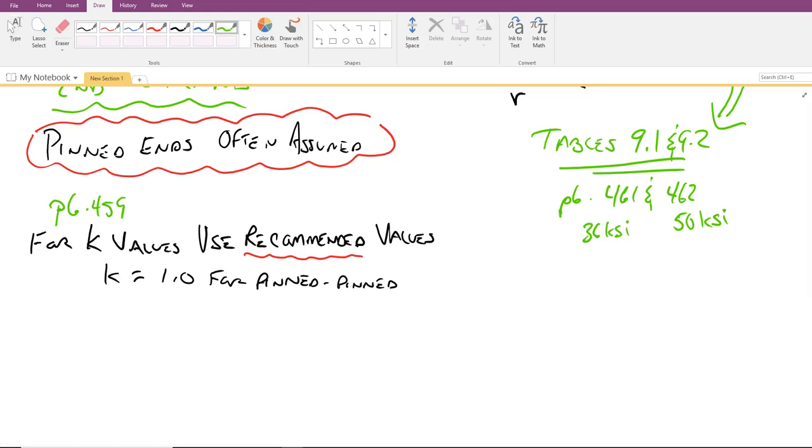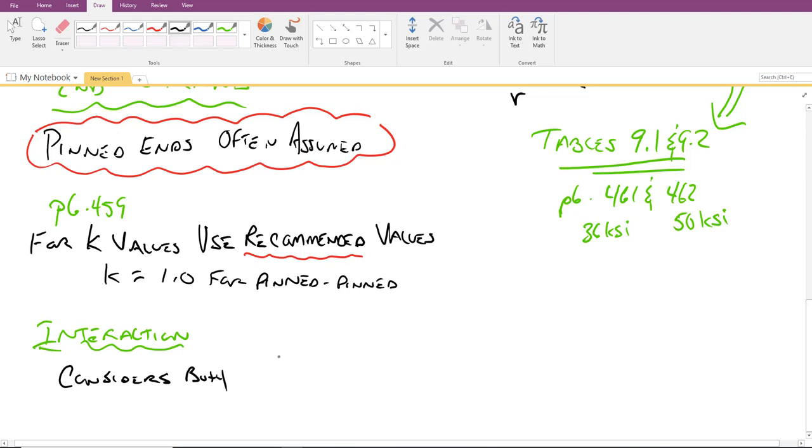All right, one final thing that I want to talk about in this video is the interaction equation. As a quick reminder, the interaction equation considers both the compression load coming down the column, that is essentially the weight of the building.